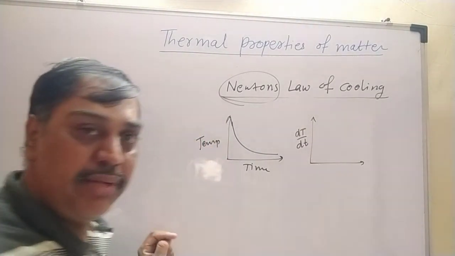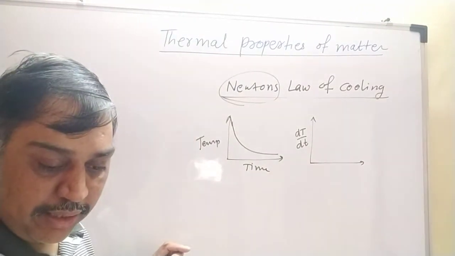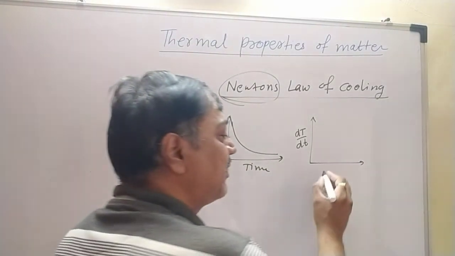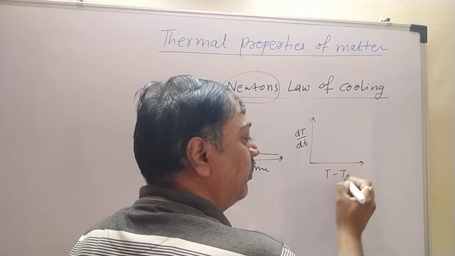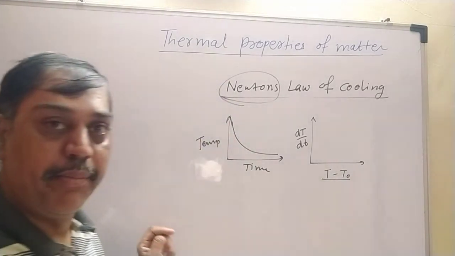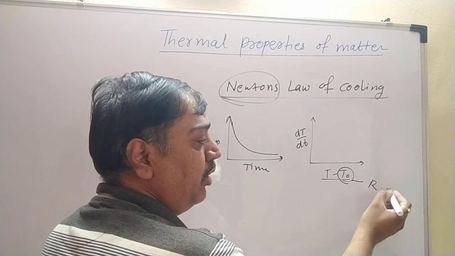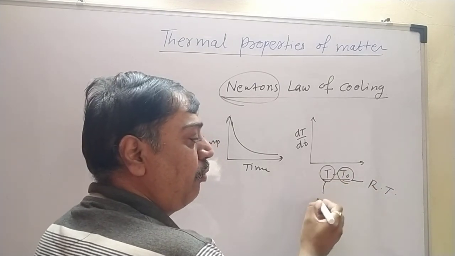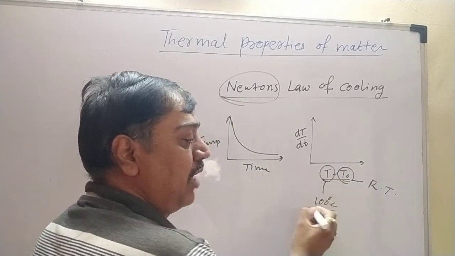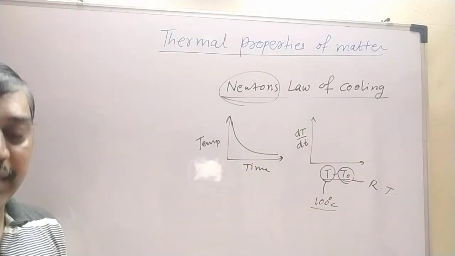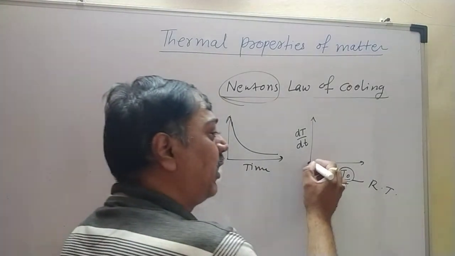Remember, capital T means temperature, small t means time. T0 is the room temperature, and this is the boiling point of water, 100 degrees Celsius, higher than the room temperature. They plotted it, and it is seen to be a straight line graph.